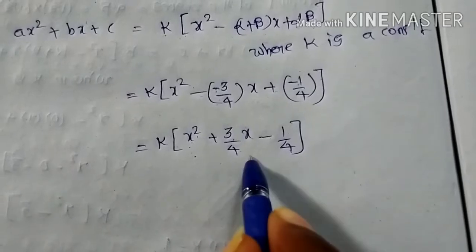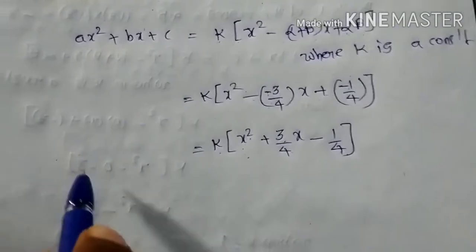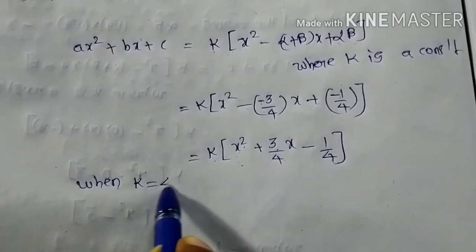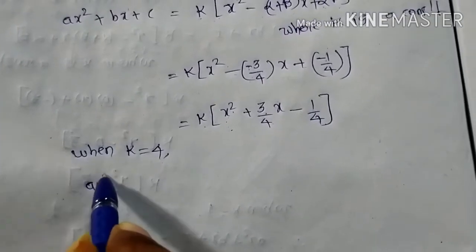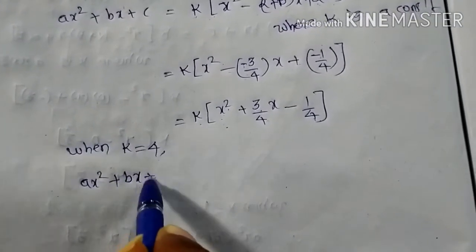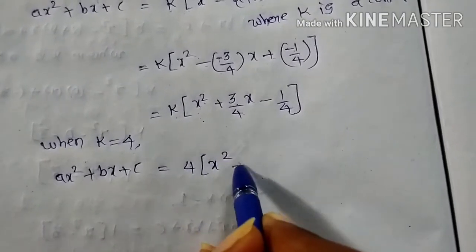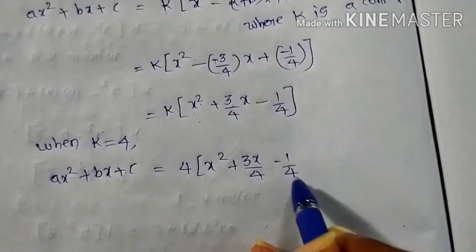That means 4 is the denominator, right? So you can take k is equal to 4. When k is equal to 4, ax square plus bx plus c is equal to 4 into x square plus 3x by 4 minus 1 by 4.